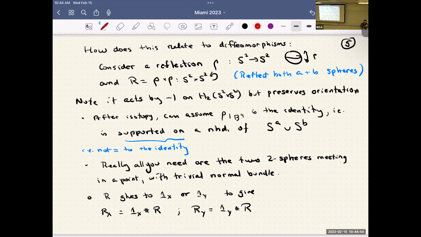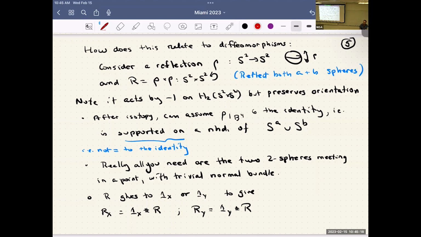But if you do that in the A direction and then in the B direction, then it preserves the orientation, because as we all know, two wrongs make a right. But it still acts non-trivially on homology, by -1 on the second homology. There are other descriptions of that, but that's a good one.